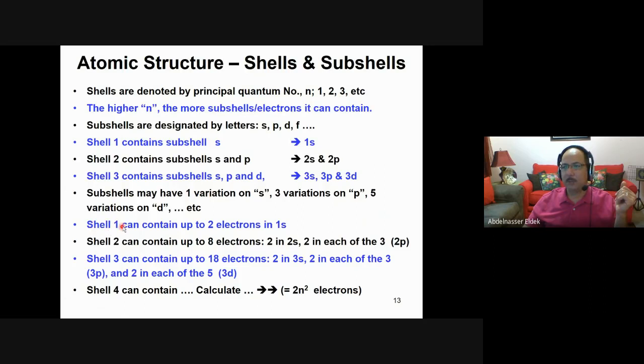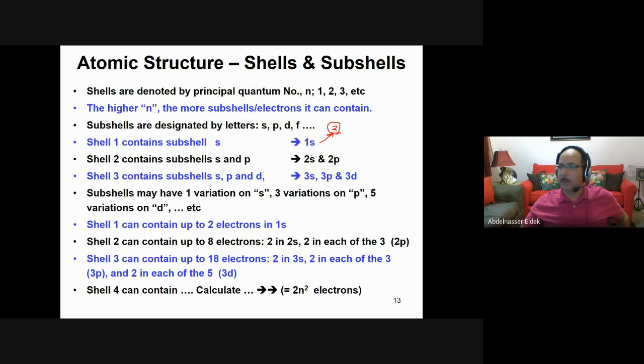And each variation can contain 2 electrons. So for example, shell number 1 contains 2 electrons in 1S. So this one has 2 electrons. Let us see here. Each variation has 2, so this one can have up to 2 electrons.